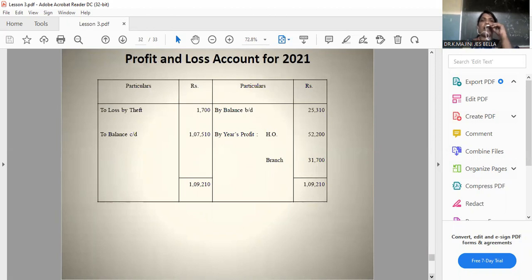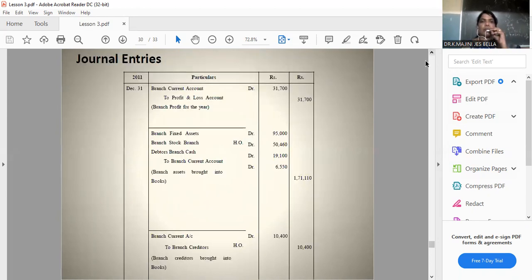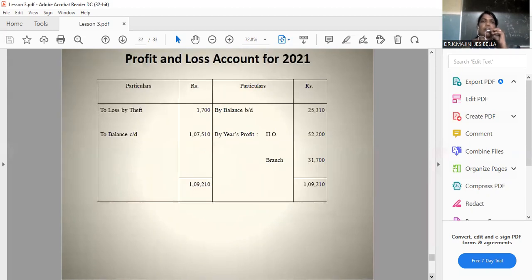Then we'll move to the branch profit and loss account for 2011. Put 2 columns on the debit side and 2 columns on the credit side: particulars column and amount column, and the credit side also.